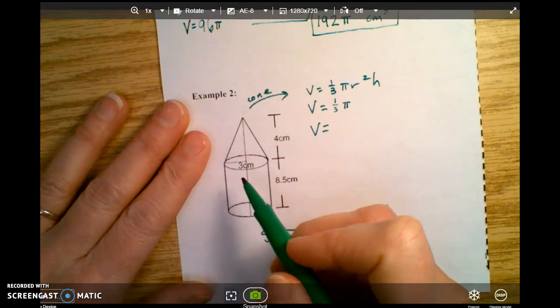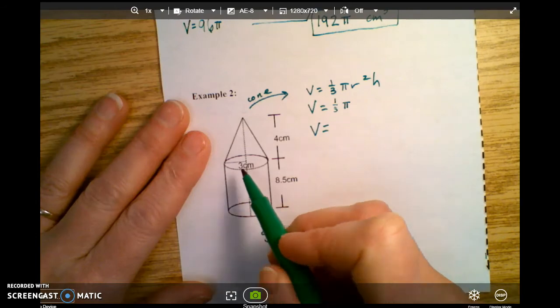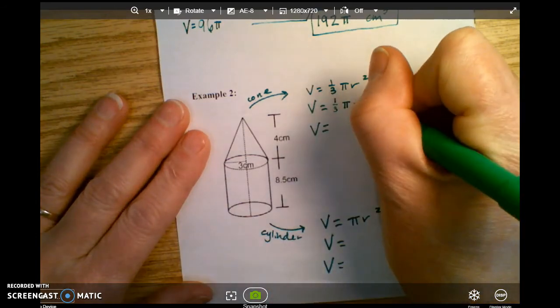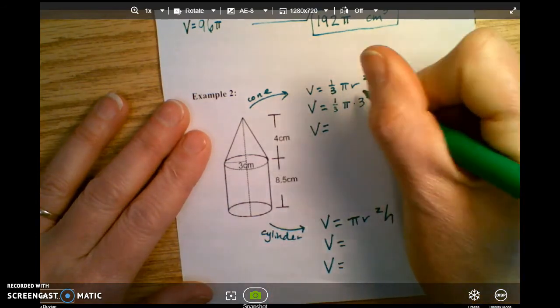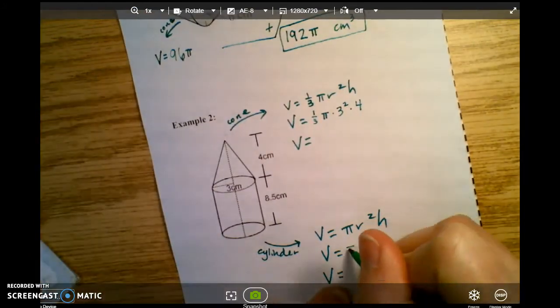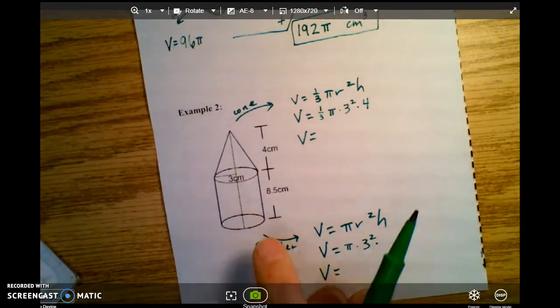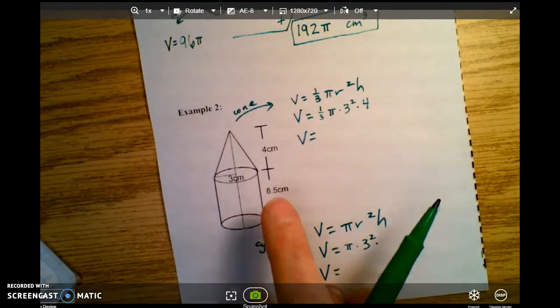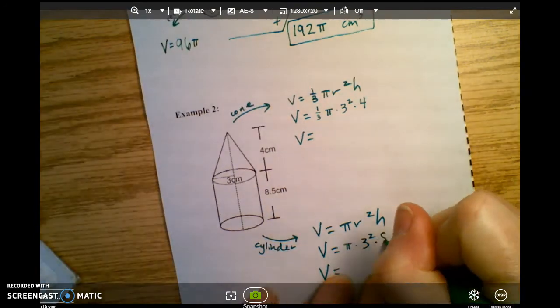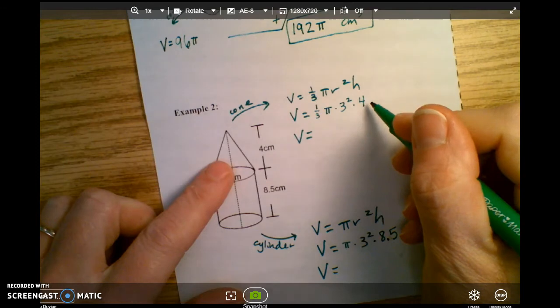Remember, the cone and the cylinder are going to share this circular piece right here, so we're actually going to use a radius of 3, not only in the cone, but also down here in our cylinder if you want to do both calculations at the same time. What's different about the cylinder is we have a higher height. Our height is 8.5, where the height of our cone, remember, was only 4.